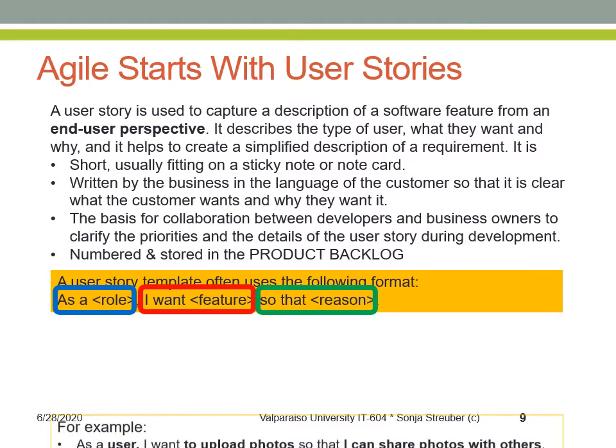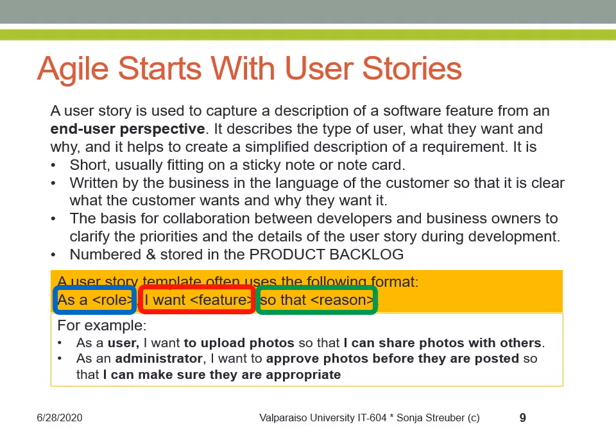Here are a few examples. See how they follow this format? In the first example, the role is the user, so that story goes into the test plan for the user role. In the second story, the role is the administrator, so that test plan goes into the administrator role. In the user role test plan, we then write exact test steps for photo uploads.